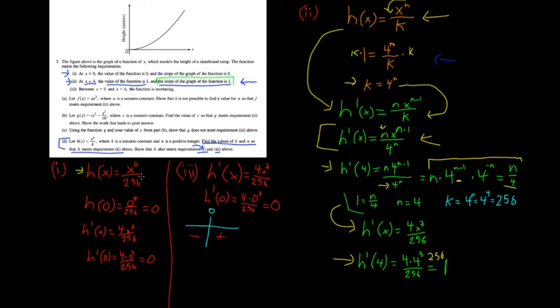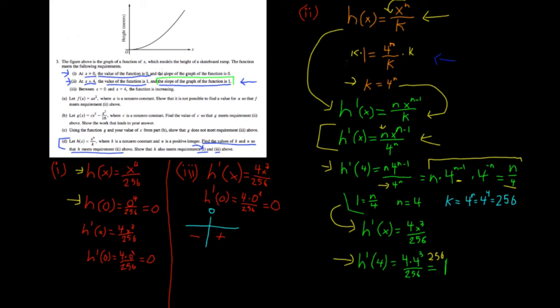So x to the 4th over 256. And since x is equal to 0, we'll plug that into h of x. So h of 0 is going to be equal to 0 to the 4th, which is 0 divided by 256 is 0. So that proves that the value of the function is 0 when x is equal to 0.